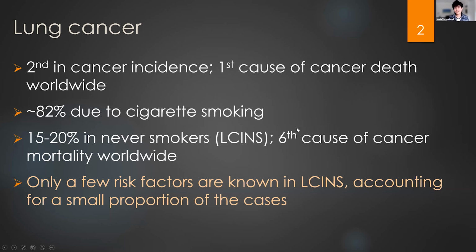And only a few important risk factors have been identified in association with lung cancer in never smokers, but the large majority of the cases cannot be explained by these established risk factors, and this really highlights the importance to conduct more studies in the etiology of this tumor type.